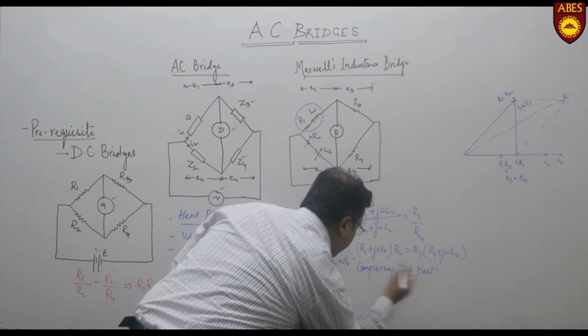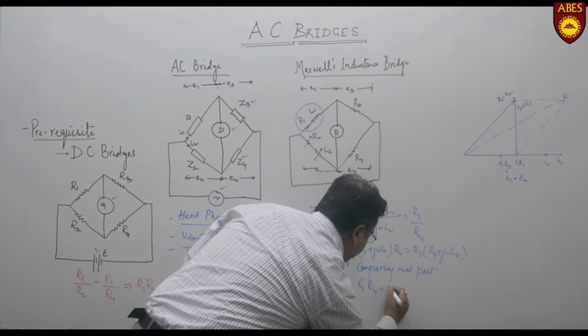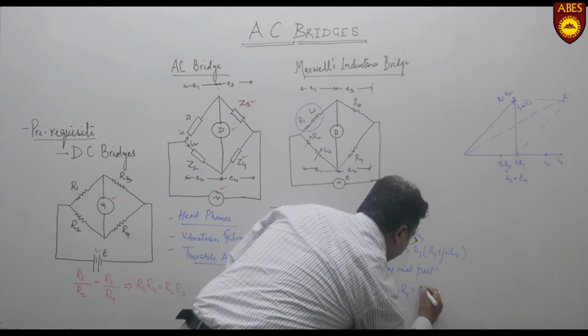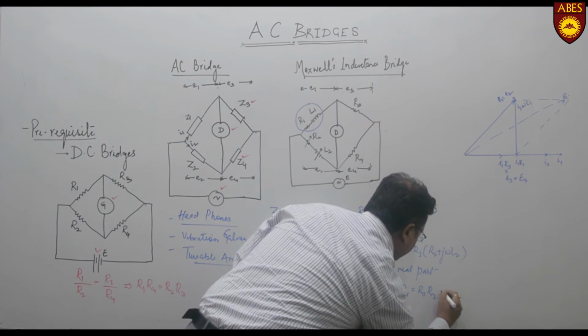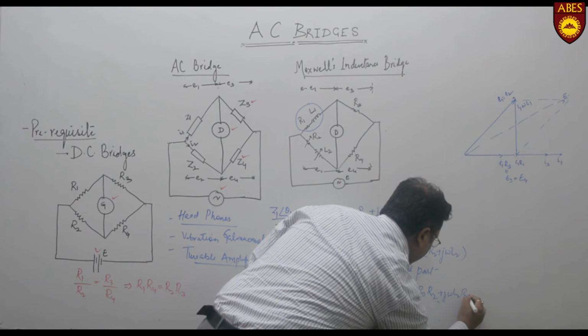Multiplying both sides, we get R1 R4 plus j omega L1 R4 is equal to R3 R2 plus j omega L2 R3.